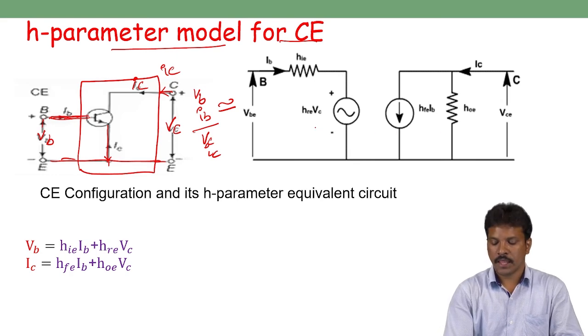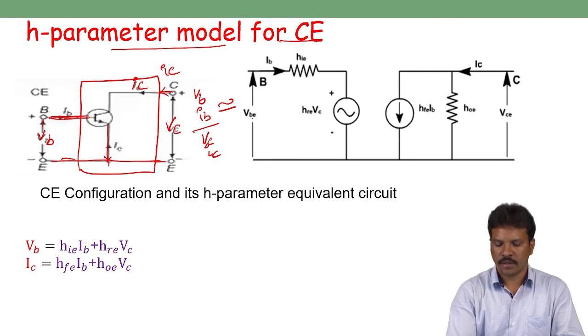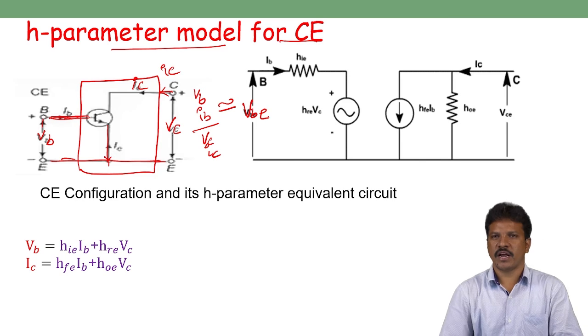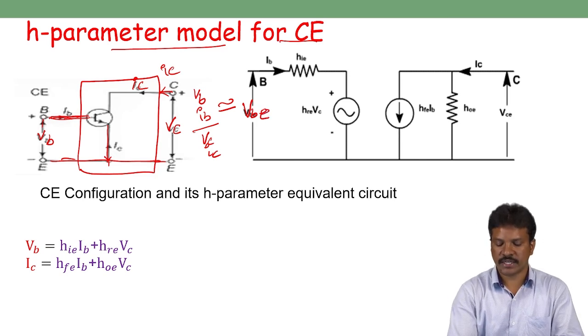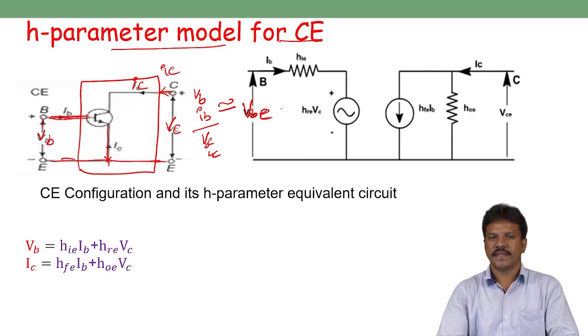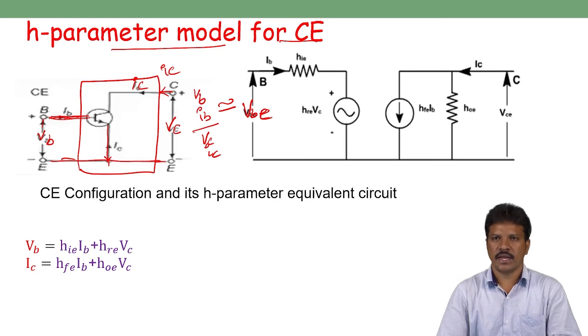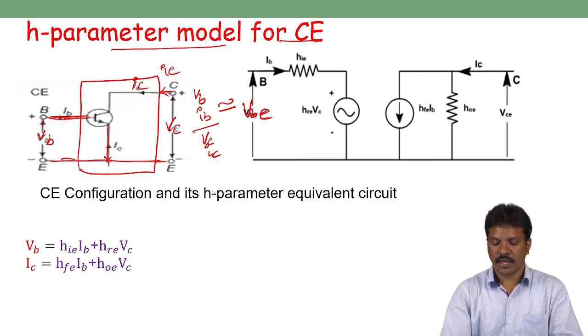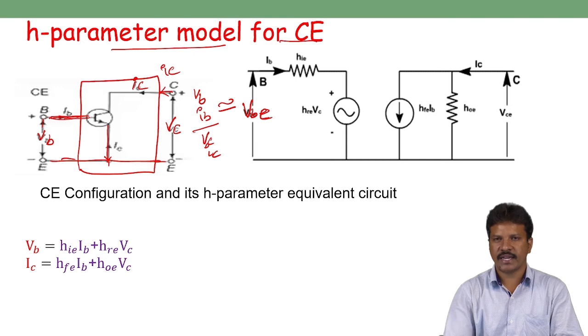Here the input voltage VB, since it is a common emitter configuration, we can represent it with the extra subscript. We have to remember that. Everything is the same as in the previous case, where we had the generalized transistor connection and its equivalent diagram.